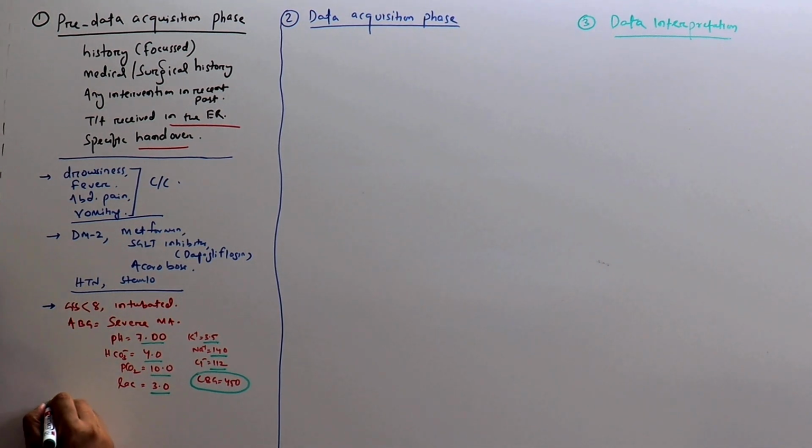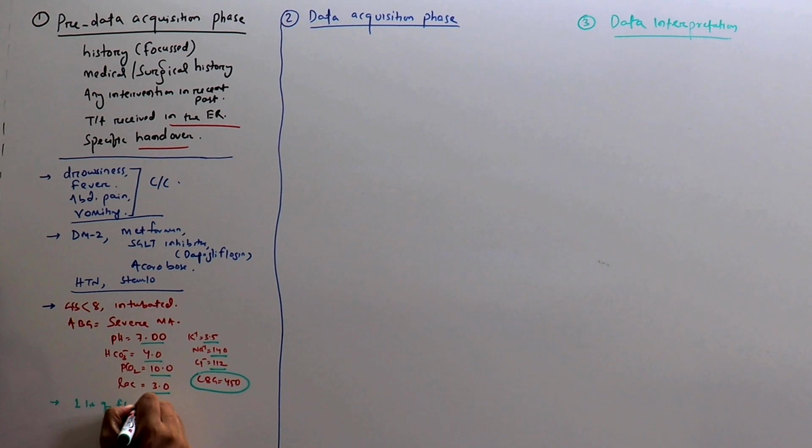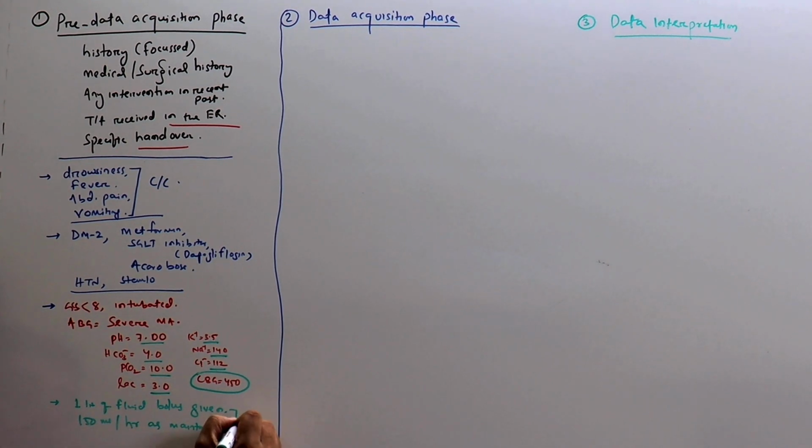And what treatment have they given? 1 liter of fluid bolus given. Then we started 150 ml per hour as maintenance. This is normal saline.